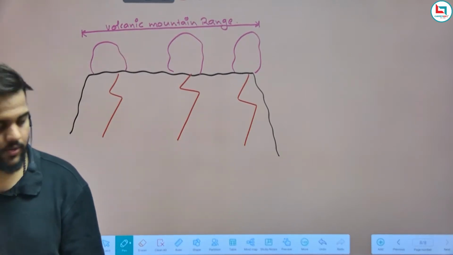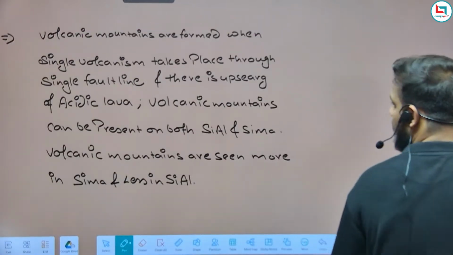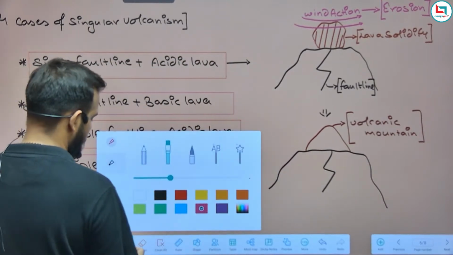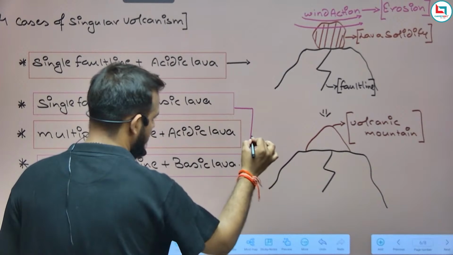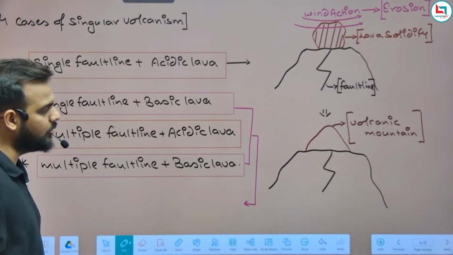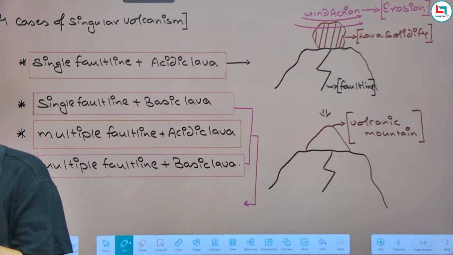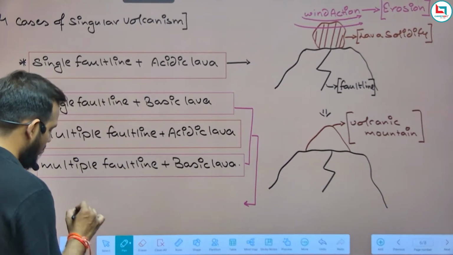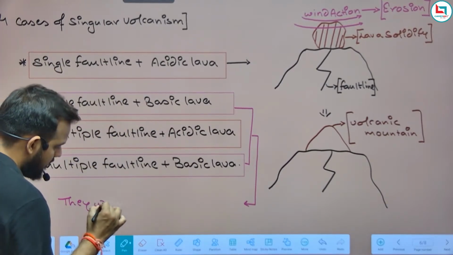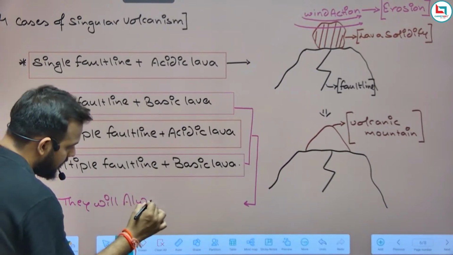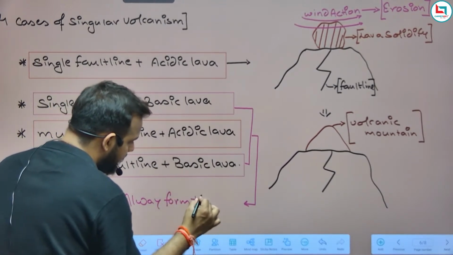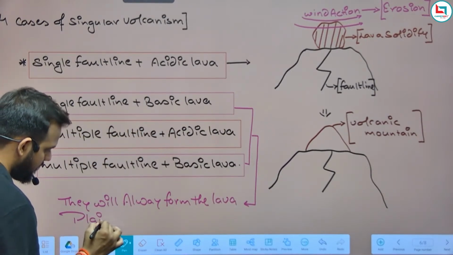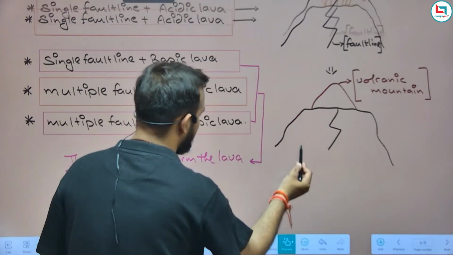Now guys, when we talk about the basic lava, in both the conditions of the basic lava, we will see the formation of lava plains, because basic lava flows will always form the lava plains.